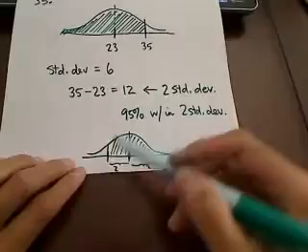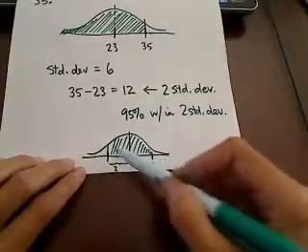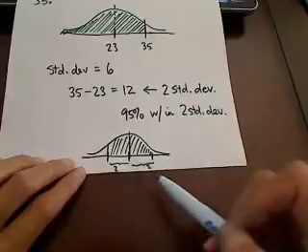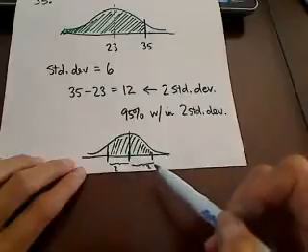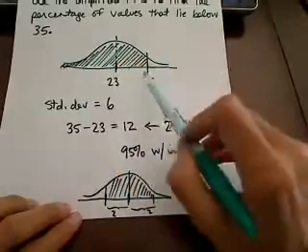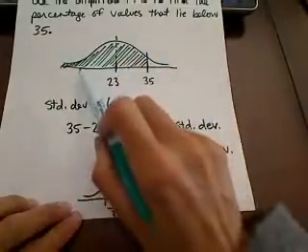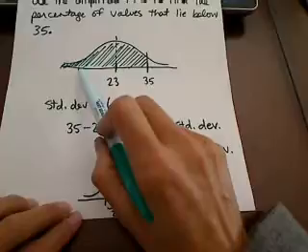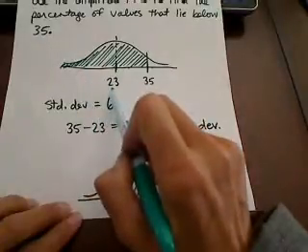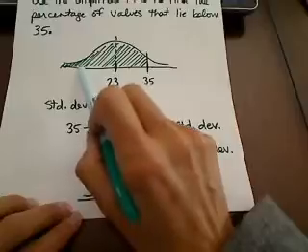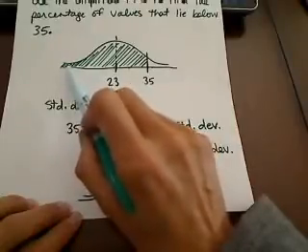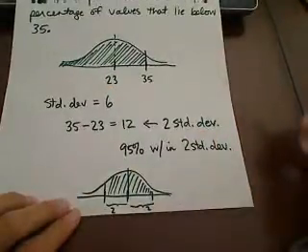So 95% of our area is falling within 2 standard deviations of the mean on either side of that mean. So this 95% isn't telling us all of this, it's actually telling us between 35 and 11 what's happening. So we also need to look at what's happening over here, because we need that as part of our stuff as well.